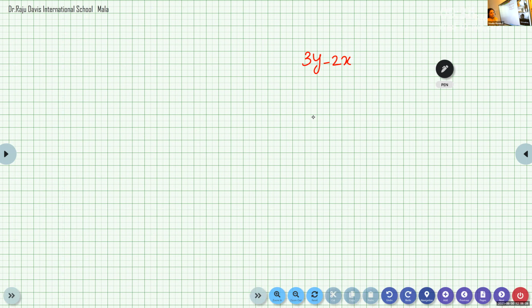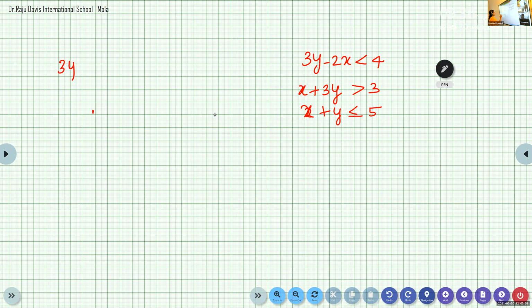Okay, so here instead of 2 equations, we are given 3 inequalities. So I am taking the first equality, 3y minus 2x is equal to 4. Find the solution set. 2 is enough. Same way take the next one, x plus 3y equal to 3. Find the solution set for this.